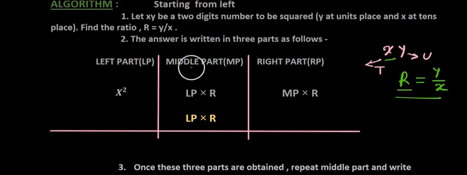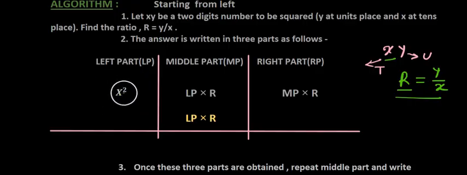What is the middle part? The middle part is the left part multiplied by this ratio y upon x. Left part means the value of the left part. To complete the middle part, you need the value of the left part.